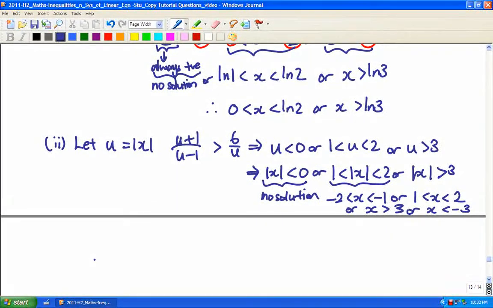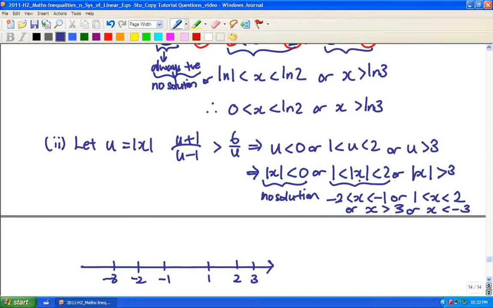So if we were to sketch all this properly on the number line, what you should see is the following. Let me repeat. We will sketch the solution we have obtained for each part of the inequality on the same horizontal line.